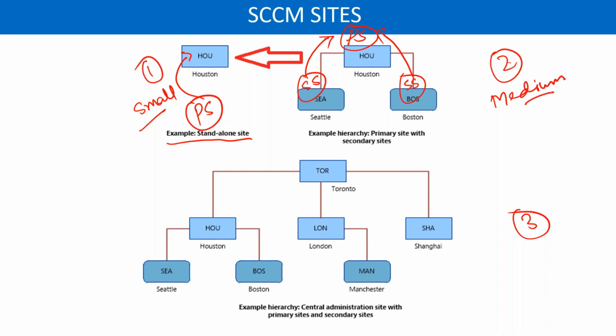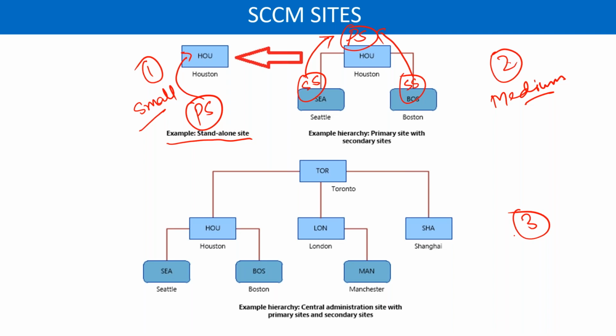The third one is for a big organization, like Cognizant, as somebody in this session said. Cognizant is a big organization with thousands and thousands of employees all over the globe.